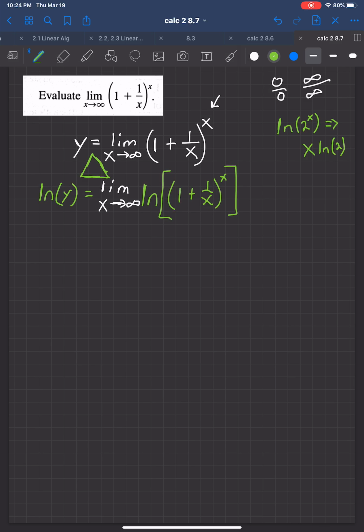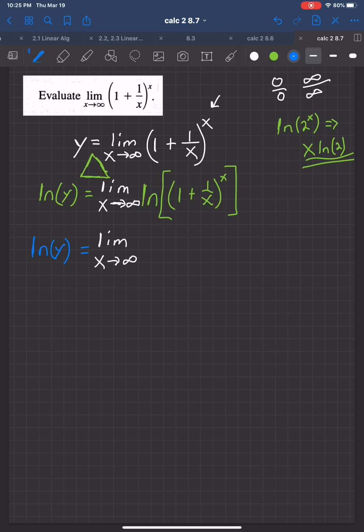Okay, so now let me go ahead and use this log property that I set out to use. When I do, I'll leave the left-hand side of the equation alone for right now. So that's ln of y. At no point in time did I evaluate the limit, so I'm still approaching infinity.